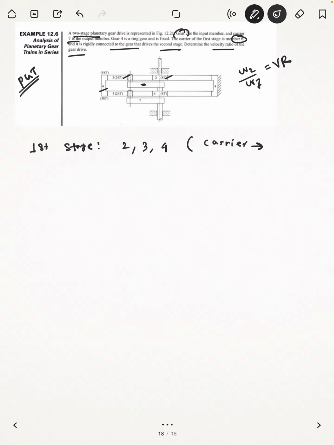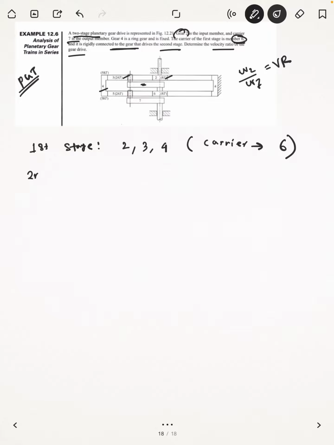This one is the carrier, and as stated in the question, the carrier is rigidly fixed to gear number 6. It's given that member 6 is the carrier and that is rigidly connected to the gear. So that means this will have the same velocity as gear 6. So the carrier is gear number 6.